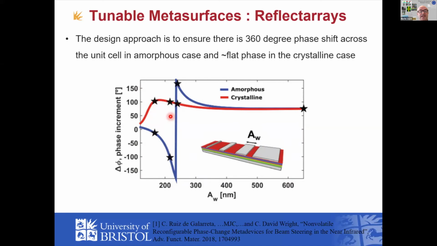If we choose 210, we can stay at about 100 in one state, but switch it down to minus 100 in the other, and so on for each one of these points. So basically in the crystalline state, we have essentially a flat phase front, but in the amorphous state, we can create a steep phase gradient that will deflect the beam.